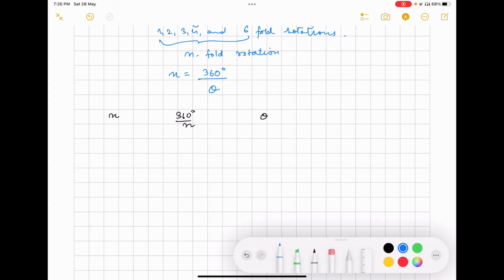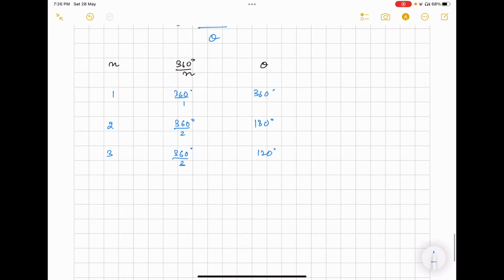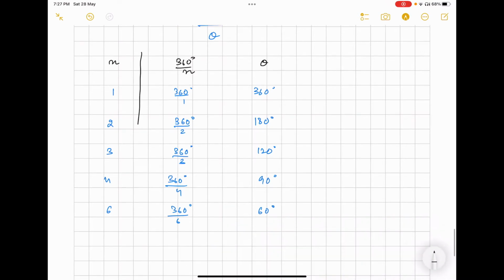So, for 1 it is 360 by 1, so 360 degree rotation. 2, 360 degree by 2, so 180 degrees of rotation. 3, 360 degree by 3, so 120 degrees. 4, 360 degree by 4, so 90 degrees. And 6, so 360 degree by 6, so 60 degrees of rotation.